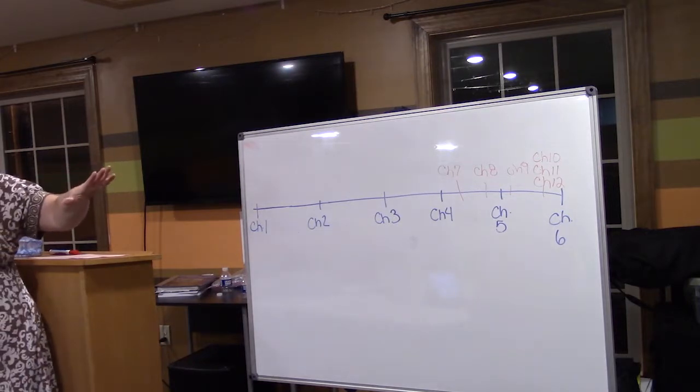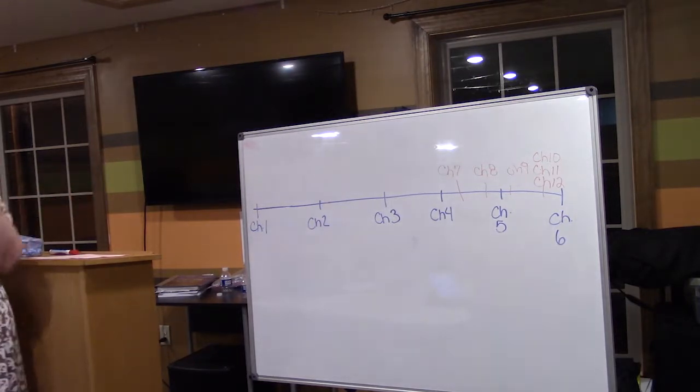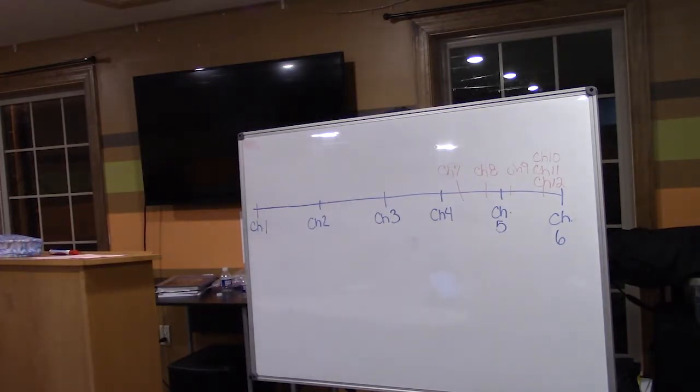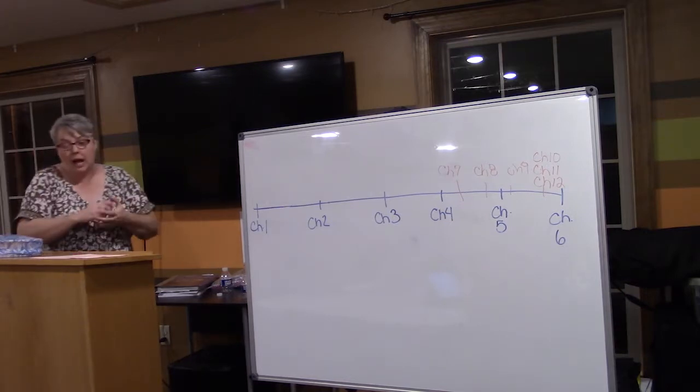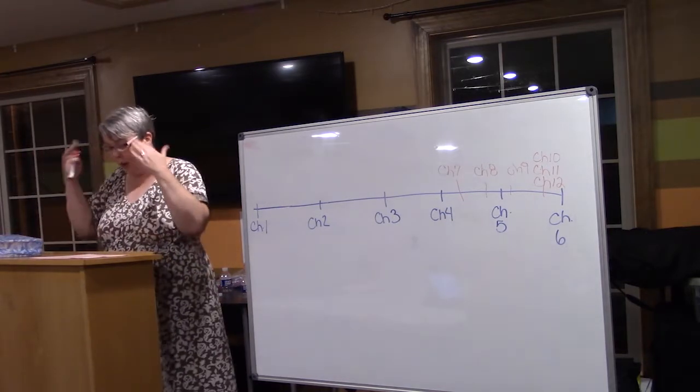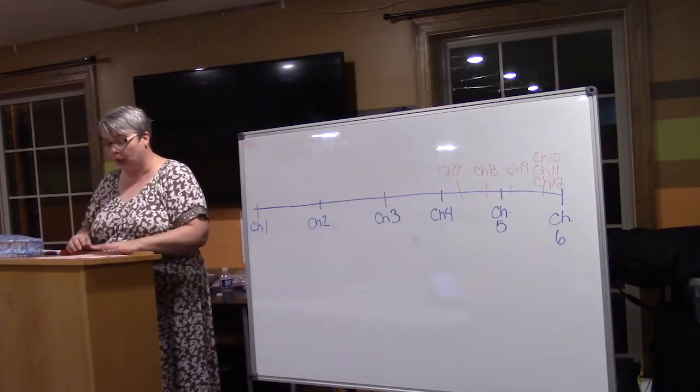And between chapters 5 and 6, there's a lot of other stuff going on in Daniel's life, besides just what we read in chapters 5 and 6, because we know in that is also chapters 9, 10, 11, and 12. So I think it's really going to help as we unpack things to just keep that in our head.